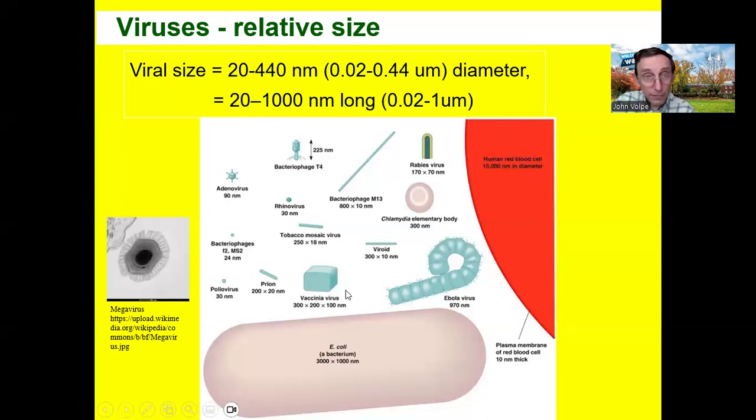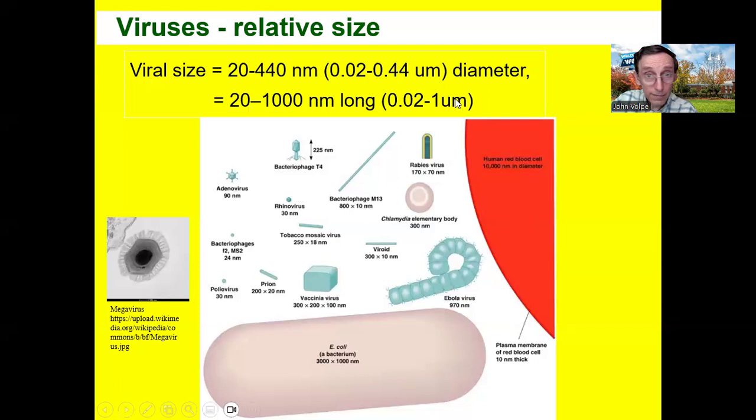And there we have different sizes of viruses here, showing you E. coli, a little bit larger cell than your average bacteria. And then E. coli, or a bacteria, compared to a red blood cell, which is a small human cell, which is about 10 times larger than most bacteria. And I'm talking about the diameter of a virus.